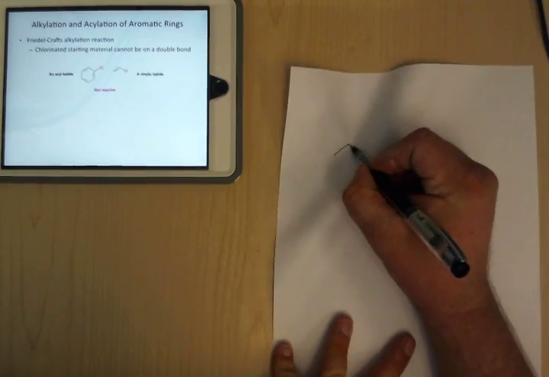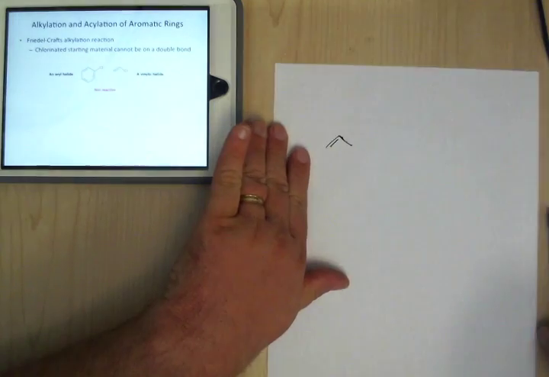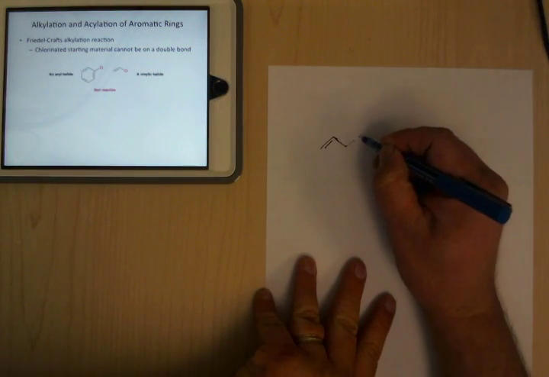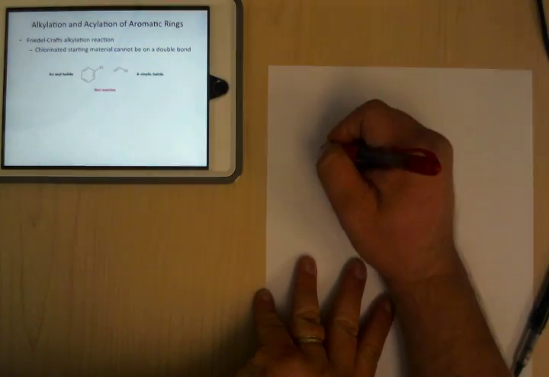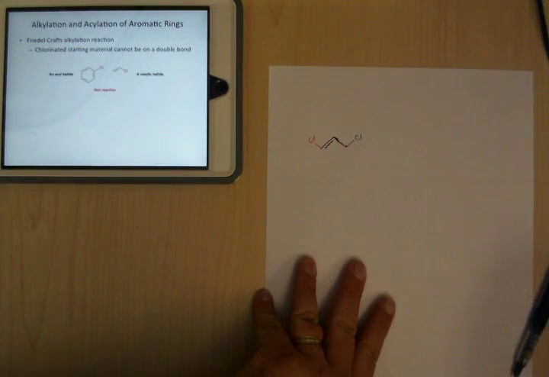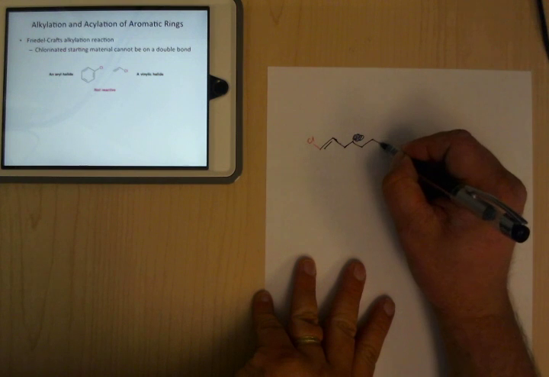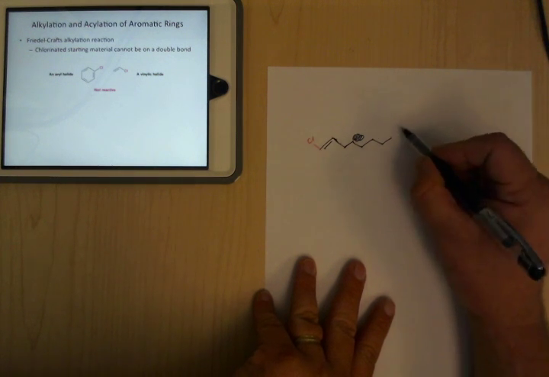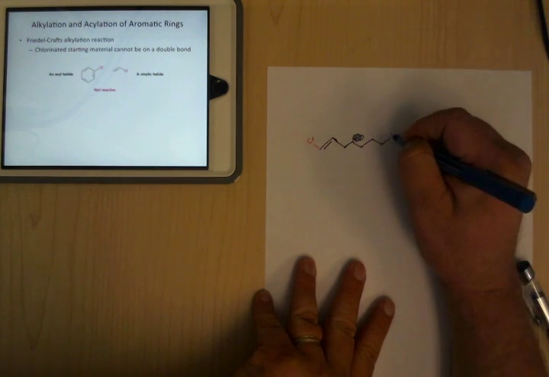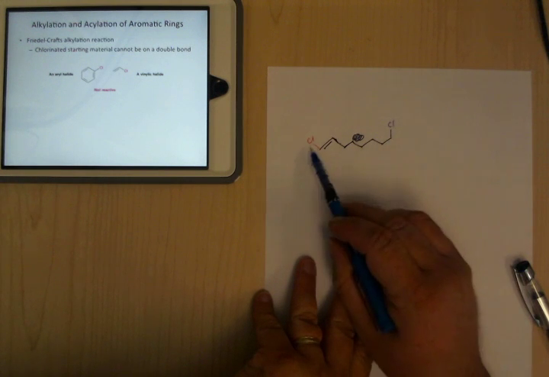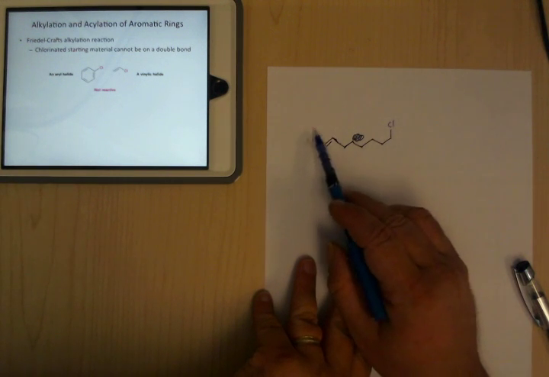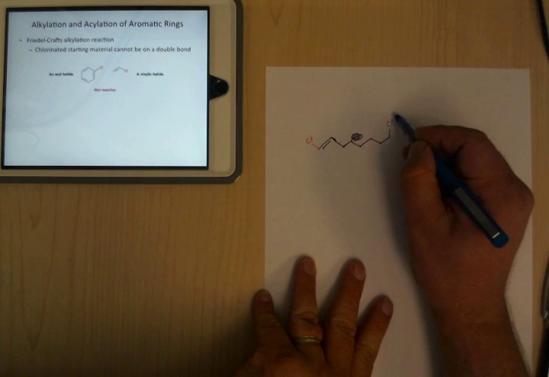So if you had this structure here, with Cl. Actually, there are some complications with it right next to each other. So if you had this blue one and you had this green or red one, you'd be able to only react here.